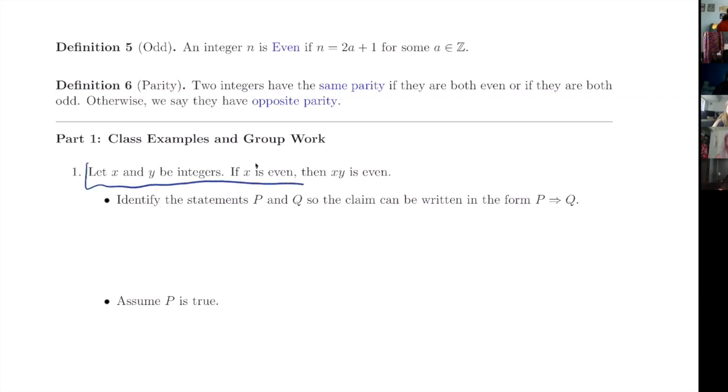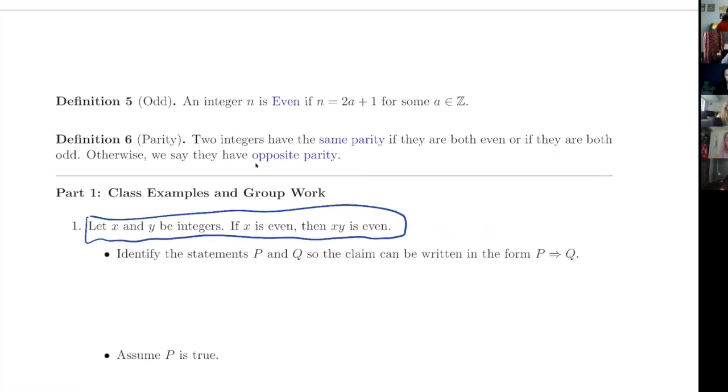Here's the statement. Let x and y be integers. If x is even, then x times y is even. And in case you missed it up here, we've got some definitions. This one is clearly not right. That one should be odd. So if an integer is odd, then it can be written as 2a plus 1 for some integer a. And even was on the previous page.